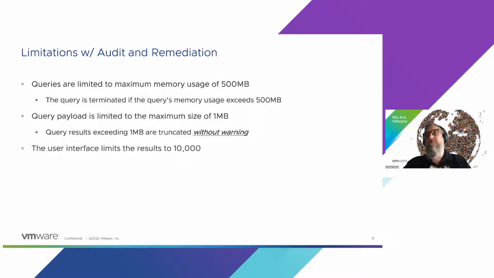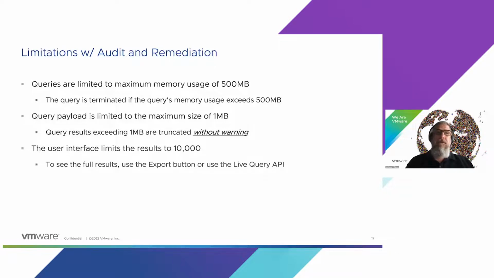The user interface itself, and this is the live query interface, limits the number of results shown in the interface to 10,000. Now there are ways around that. One, there is an export button on the results page, and you can use that export button to get all of the results, above and beyond the 10,000.